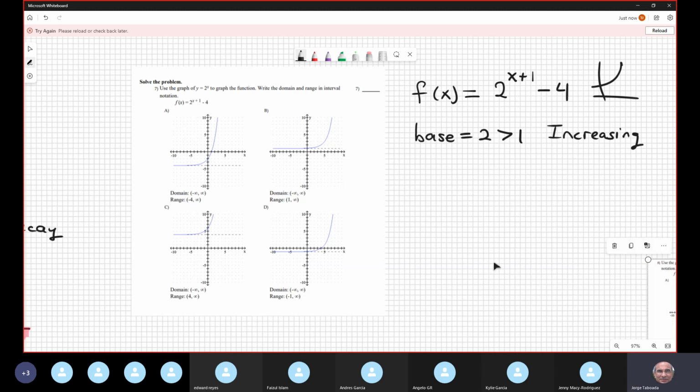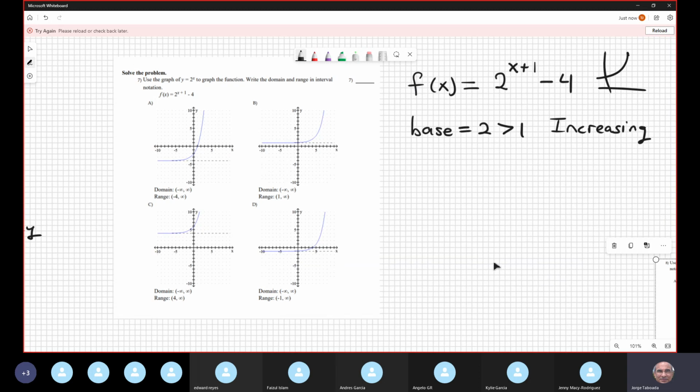However, the most important thing is this minus 4. What does this minus 4 represent? 4 units down. And this represents the horizontal asymptote, because normally the exponential function has a horizontal asymptote at y equals 0. But in this specific example, it's not 0, it's negative 4.